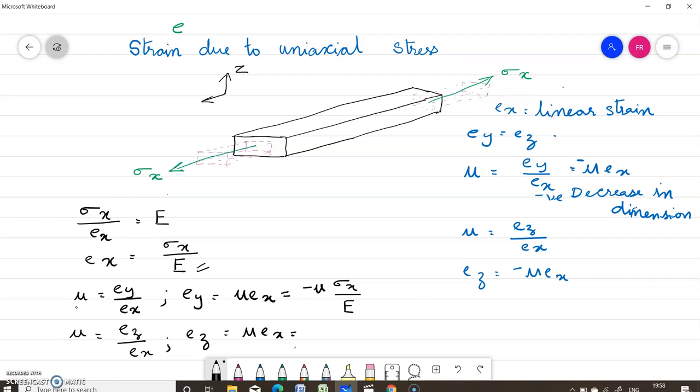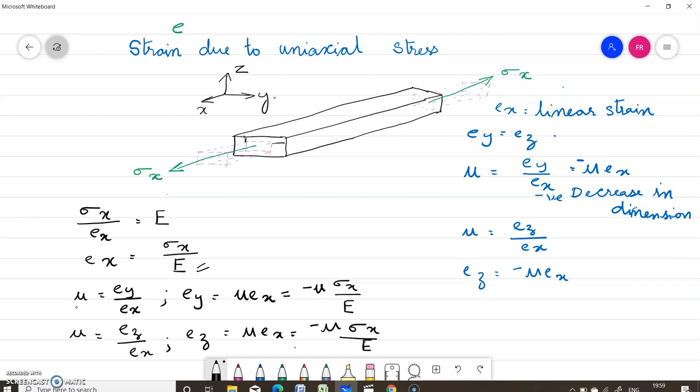This is the x direction and this is the y direction. Okay. So there is reduction in dimension in the y direction and also reduction in dimension in the z direction. So this is minus mu into sigma x by E. Okay, so you have got the strains in all the directions.